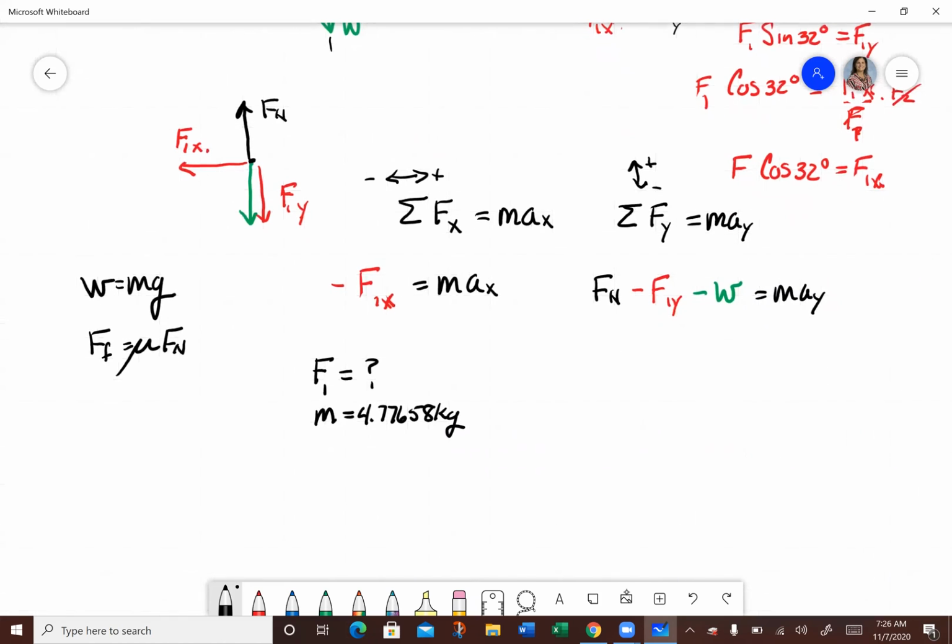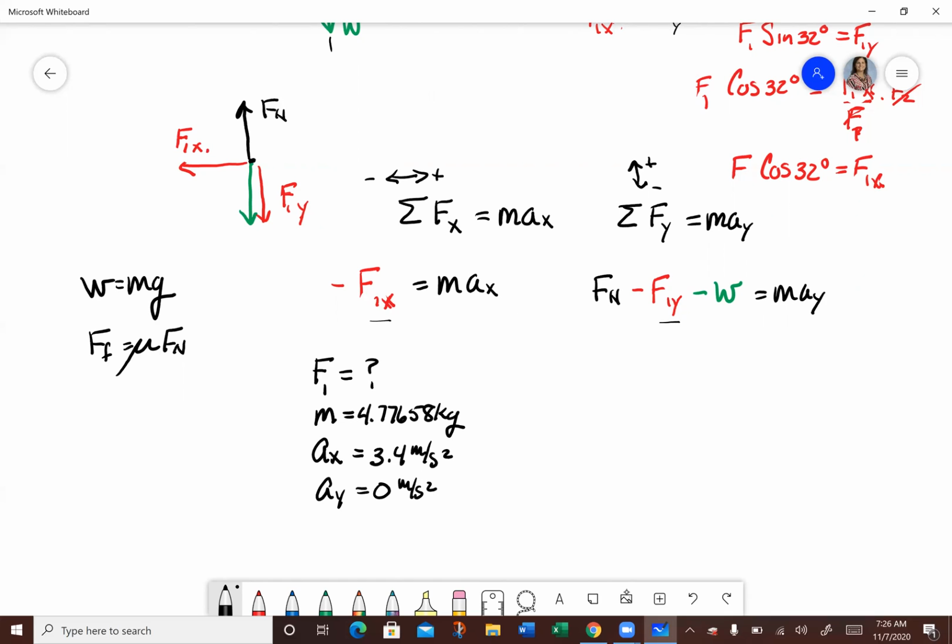We know acceleration in the x is equal to 3.4 meters per second squared. Again, more than likely your numbers here are something different. I do know acceleration in the y to be 0. It's not moving up and down.